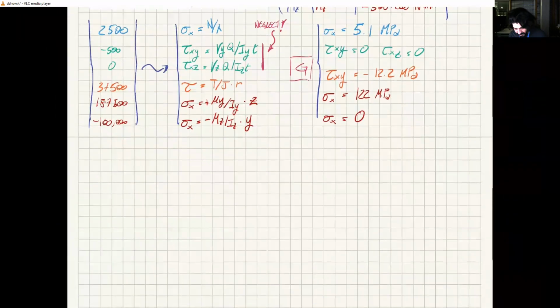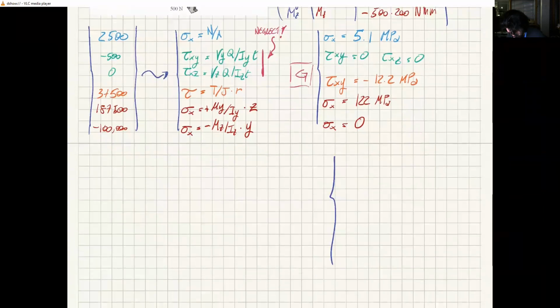Let's see what's happening to H. I just repeat the analysis for a different point H. Of course, sigma X, since it's constant over the section, is exactly the same as G. Tau xy, tau xz for direct shear stress, we said, can be neglected.